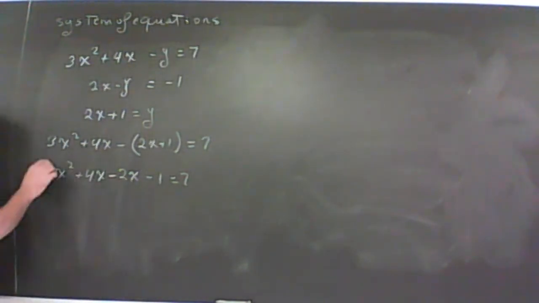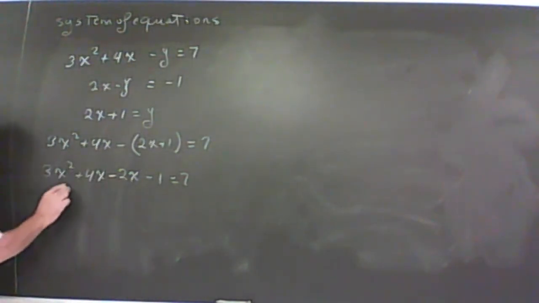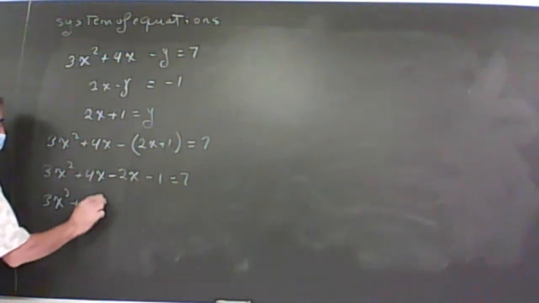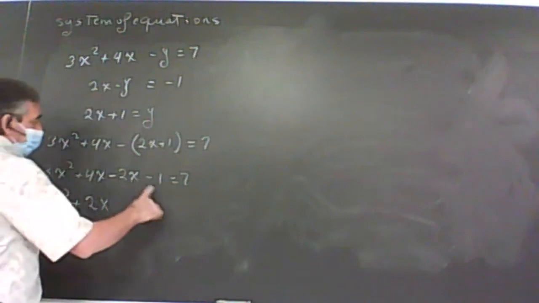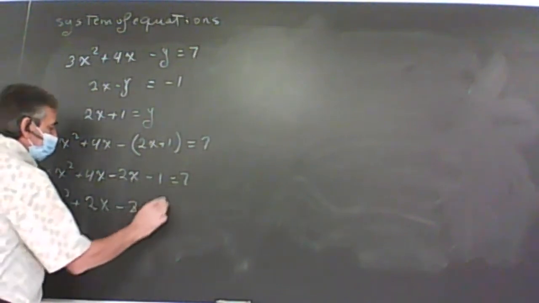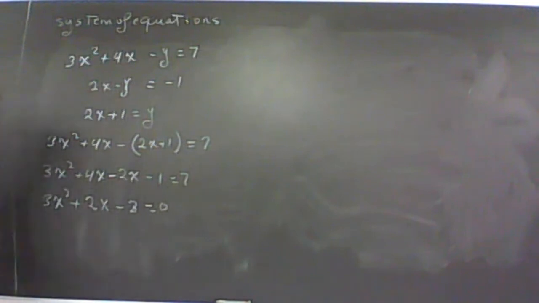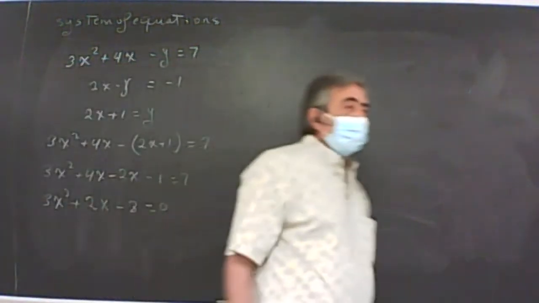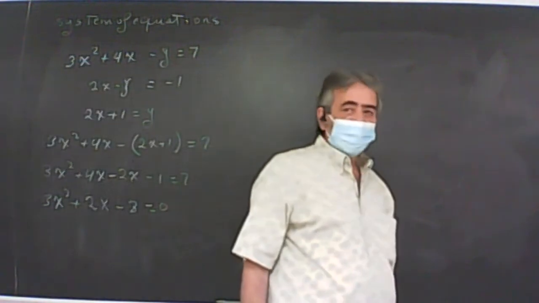So we have 3x squared, and 4x minus 2x is plus 2x, minus 1 minus 7 is minus 8, equals 0. Yes? So now we need to factor this.